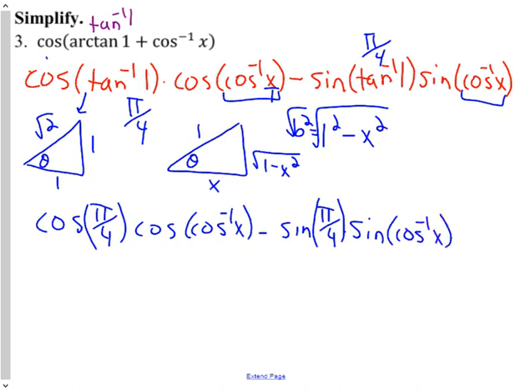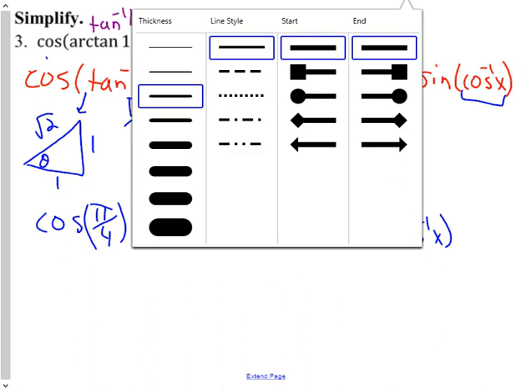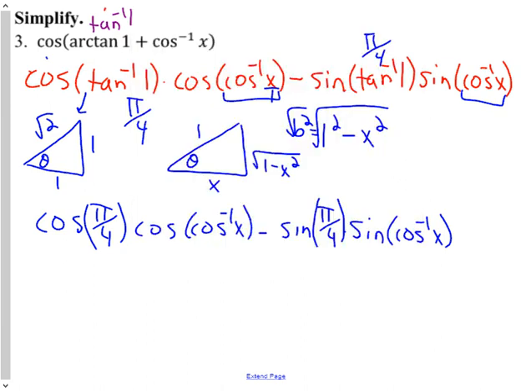So we won't get a nice number answer because of our triangles here, but we'll still get a little closer to simplifying. Cosine of pi over 4 is root 2 over 2 again. Now cosine of cosine inverse of x, these cancel, but basically we're doing cosine of this angle, which is adjacent over hypotenuse, which is just going to give us x, minus sine of pi over 4, which is root 2 over 2 as well.